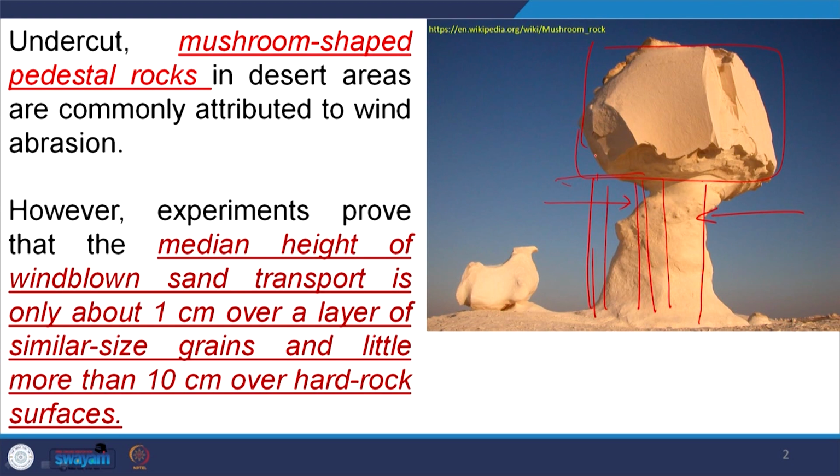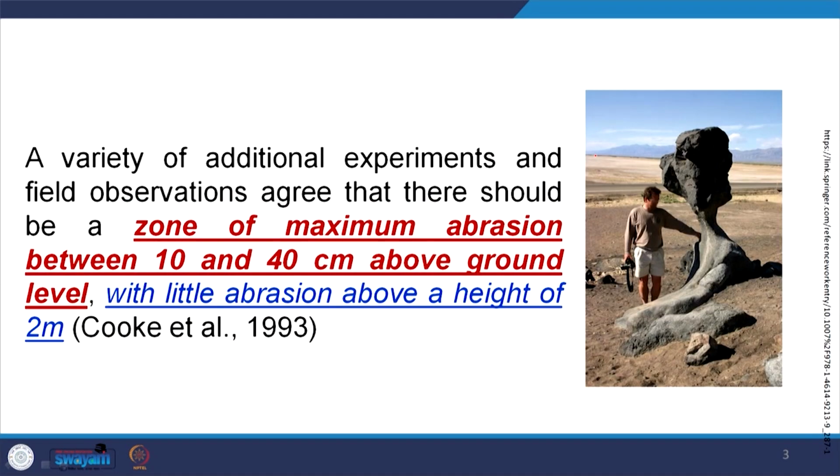Additional experiments and field observations agree that there should be a zone of maximum abrasion between 10 to 40 centimeters above ground level, with little abrasion above a height of 2 meters.